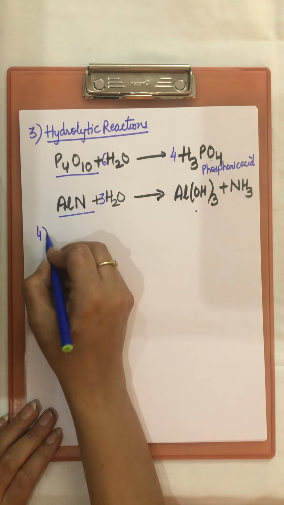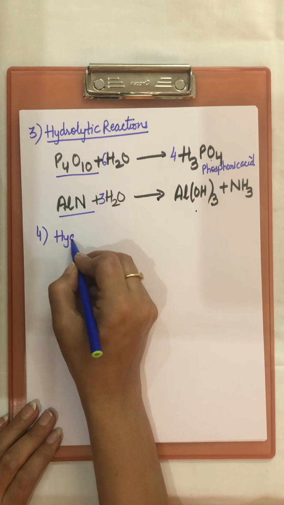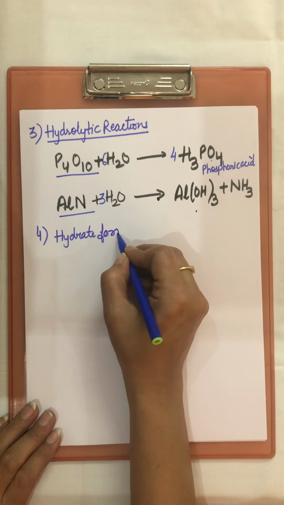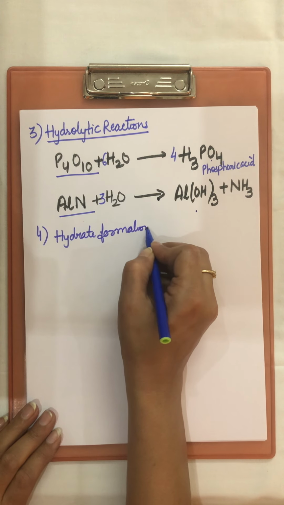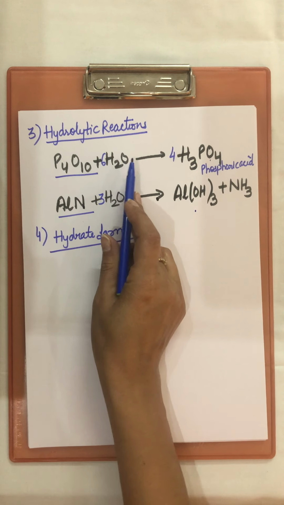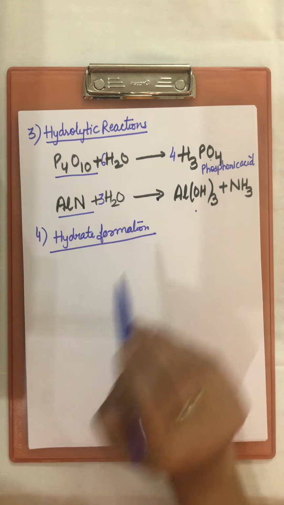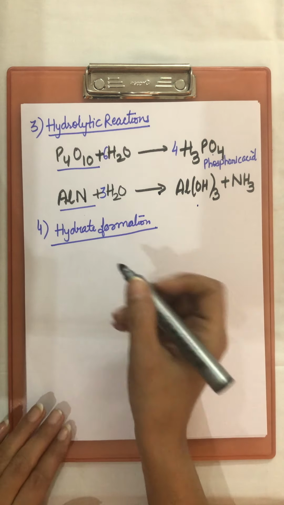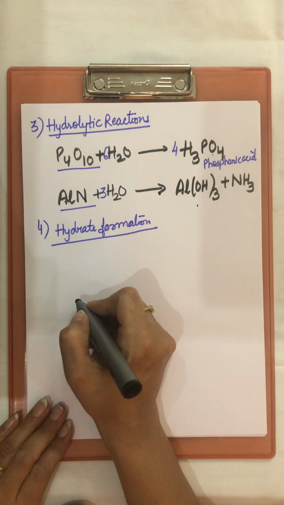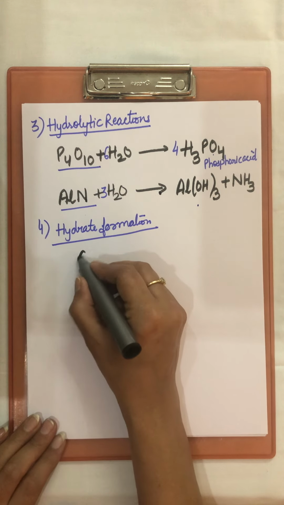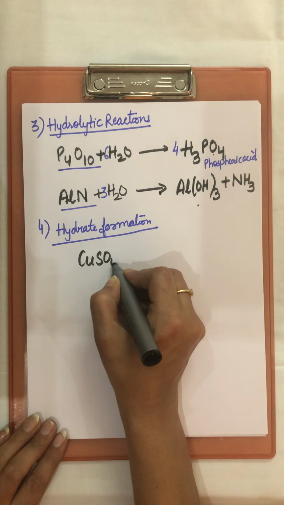Next we have hydrate formation, the last chemical property of water. In hydrolytic reactions, we are getting acid or base. Hydrate formation means water as it is. Many ionic compounds in crystalline form, like we all know CuSO4, have water molecules in them when we take them in crystalline form.